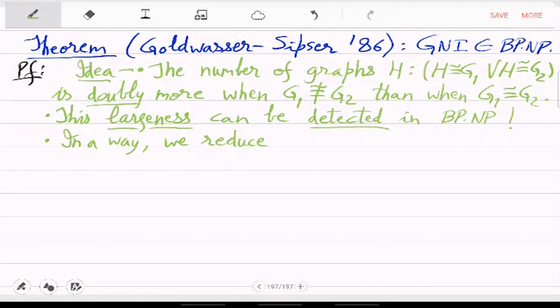We reduce non-isomorphism to isomorphism. And since isomorphism is in NP, we get this NP result. So that's the plan. Let's implement it.